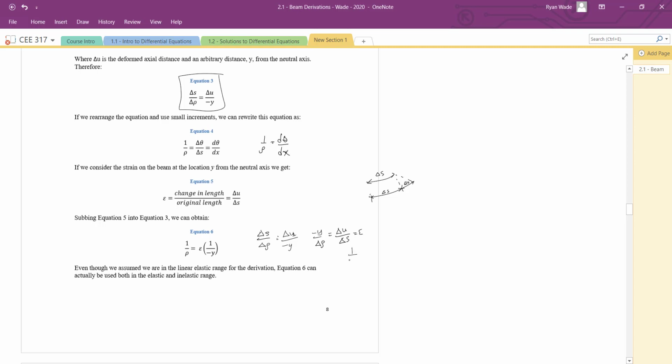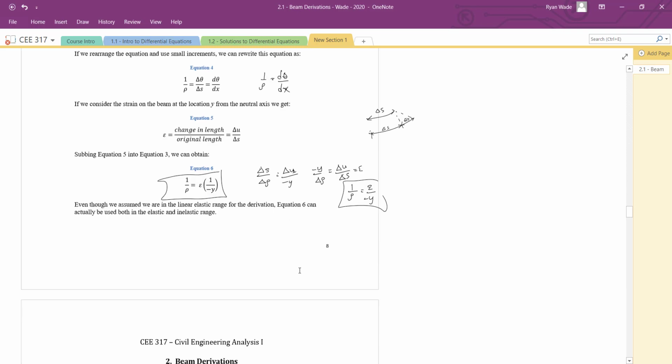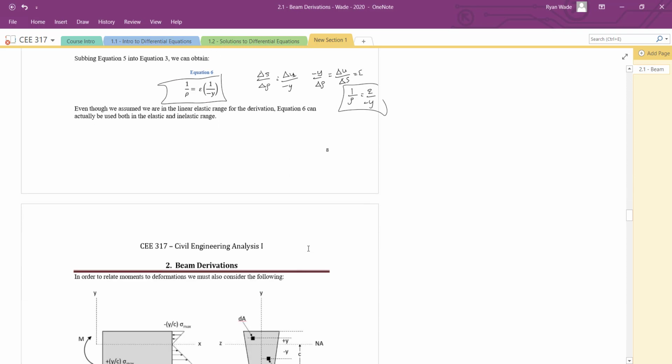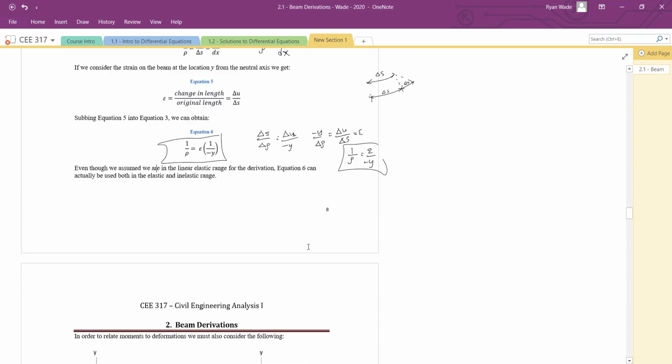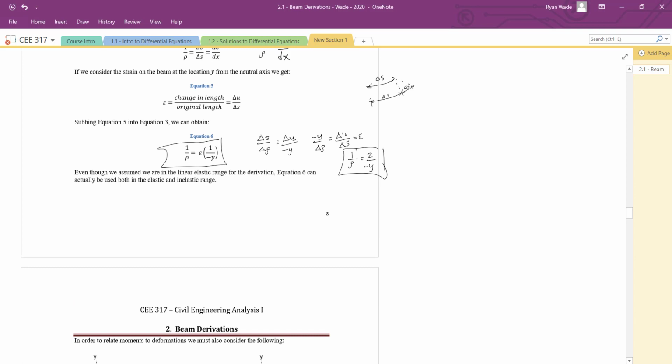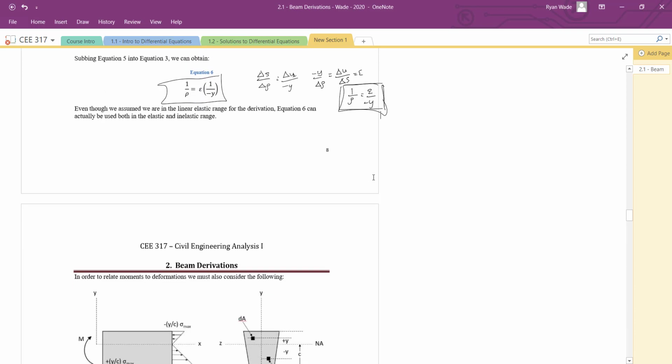So then we can say 1 over rho is equal to E over negative y. And that's what we come up with here. If we assume that we're in the linear elastic range, then we can use this property later on. So I'm just going to put a pin in that for now, and carry on with the derivation.